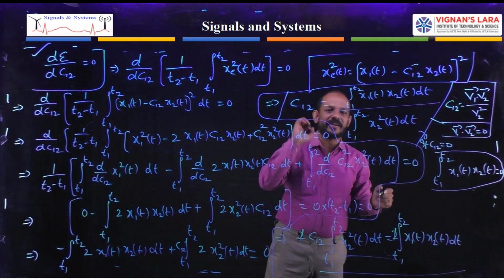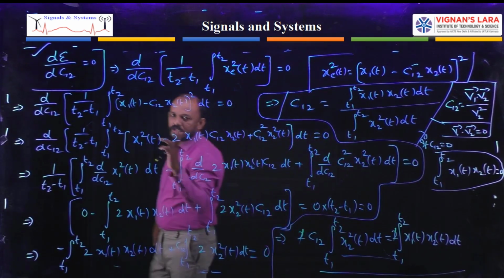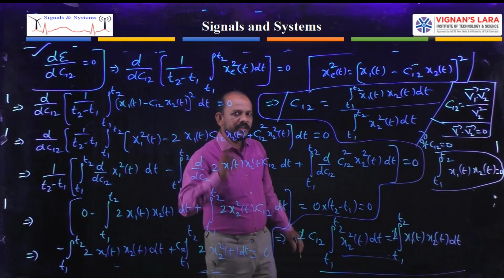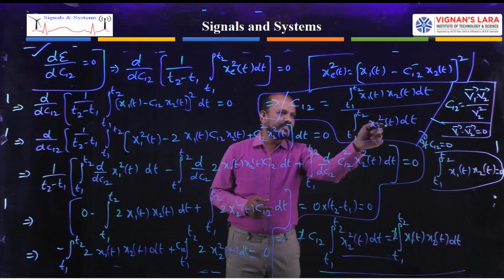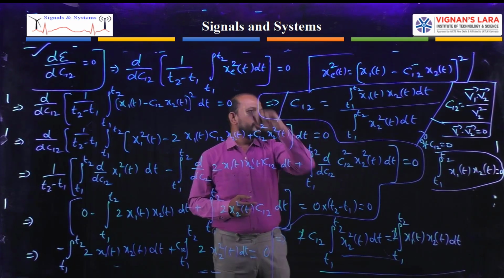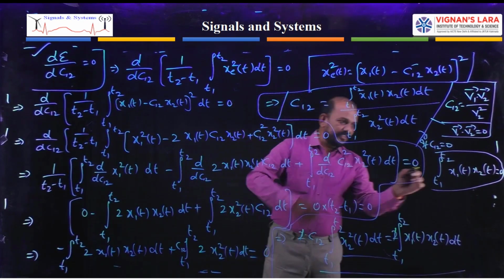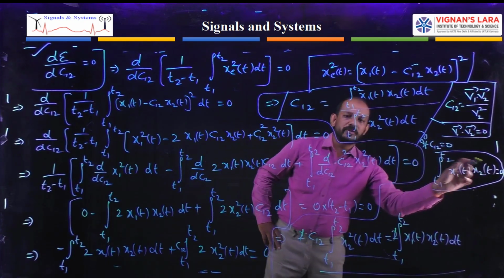orthogonal. In the same way, we can say two signals are orthogonal if C12 equals 0. I have substituted C12 equal to 0 here, and this one is multiplied by C12, that is 0. So if two signals are orthogonal, the condition is the integral from t1 to t2 of x1 of t x2 of t equals 0.